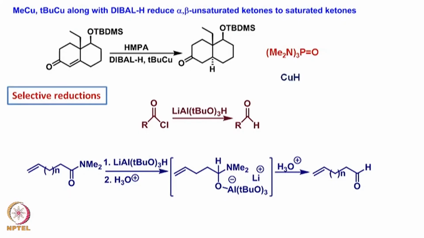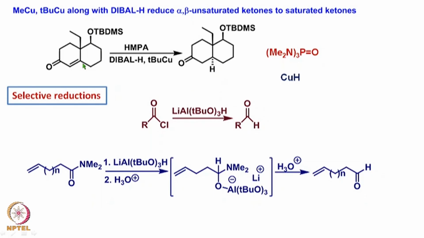Now in reductions using diisobutyl aluminum hydride, if one uses alpha beta unsaturated ketones and allows the reduction to take place in the presence of copper species like methyl copper or tertiary copper, along with diisobutyl aluminum hydride in solvents like HMPA, hexamethyl phosphoric triamide as already mentioned earlier, then what has been observed is the reduction of this particular double bond to the corresponding saturated species.